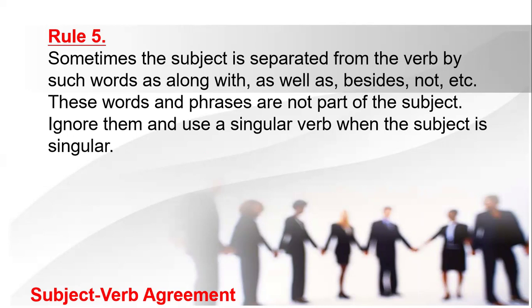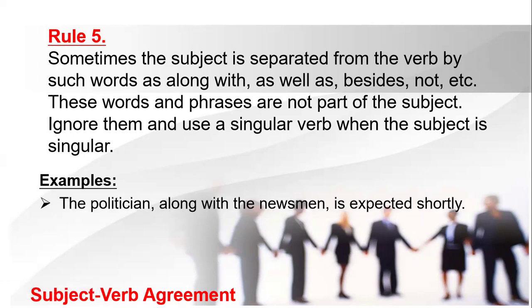Let's check the examples. Examples will clear your idea. The politician, along with the newsman. Now see, after politician comes along with the newsman. Don't get confused by seeing newsman, because we have already said that if words or phrases like along with, as well as, besides are used, think of them as separated.